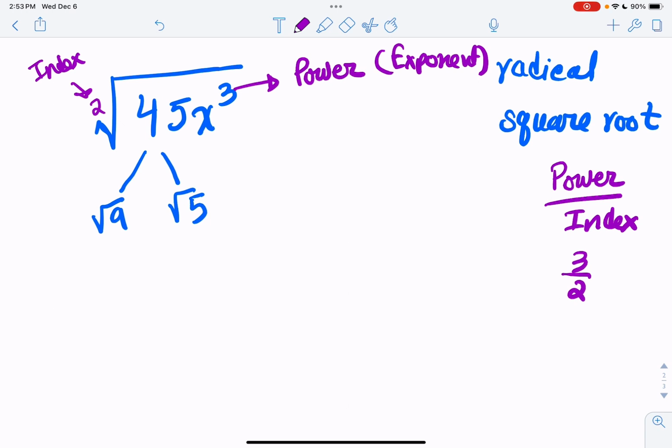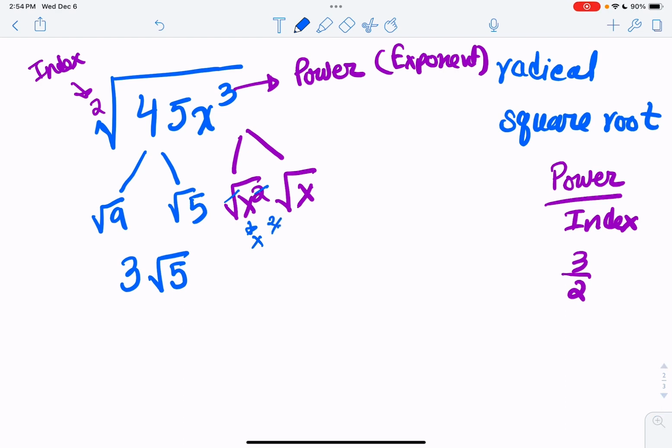So one of them is much simpler. What I would do is write it as x squared and then x, which leaves me with 3 radical 5, and then this becomes the exponent of 2, and the radical gets canceled out because technically this is x to the power of 2 over 2, power over index.